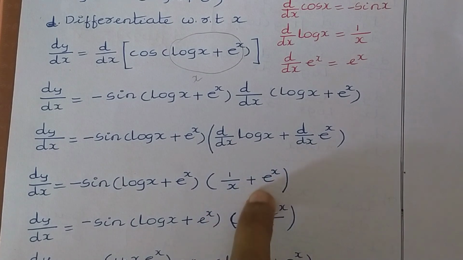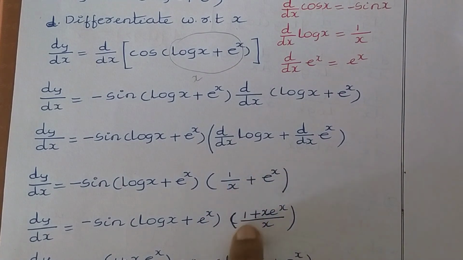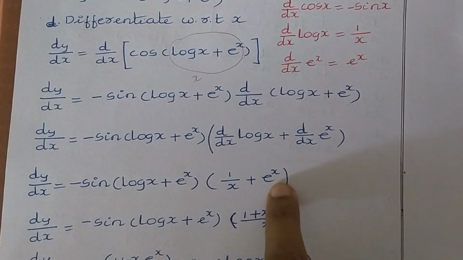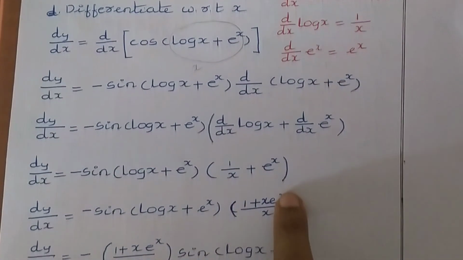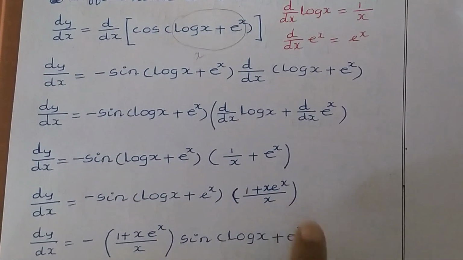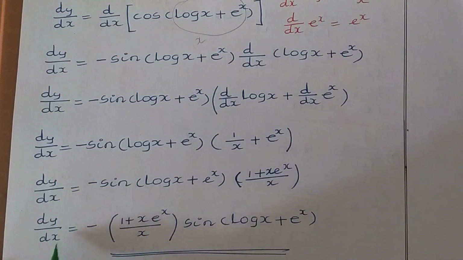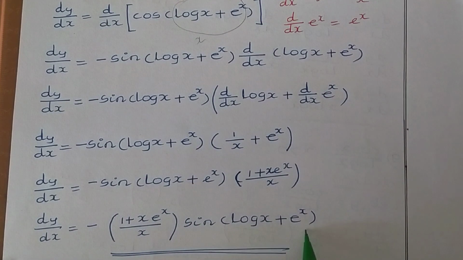If you take the LCM as x, we get here 1 plus x into e to the power x, divided by x. So the final answer is dy by dx is equal to minus (1 plus x e to the power x) divided by x into sin(log x plus e to the power x).